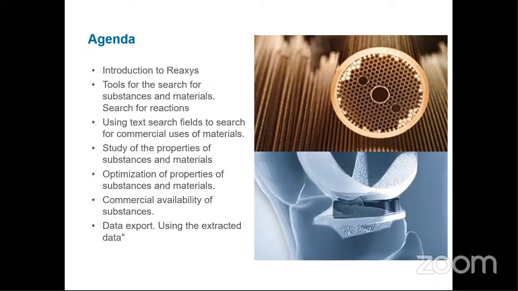This will help you understand whether it is possible to buy it from some worldwide suppliers, or you need to find some chemical way of synthesis of this material, how to export data, and other tasks.